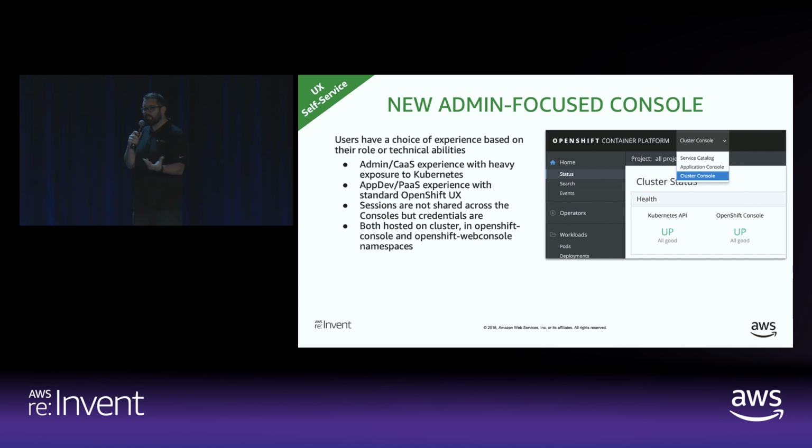If you have an app dev person that's administering parts of the cluster, they could get a particular application view. If you have somebody handling infrastructure, they have a cluster view. So the new admin-facing console is quite robust. There are a few different changes, and you can see with 3.11 we're changing a little bit of how we're doing the UI in OpenShift.